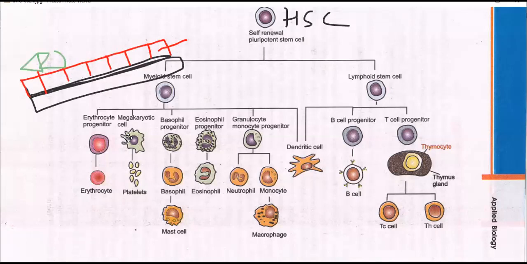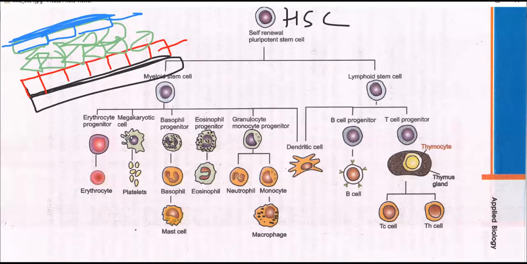The cells are polyhedral. When they go up, they become squamous and die off when they go out. So that is stratified squamous: our skin, our hair, our nails. All these belong to the stratified squamous keratinized epithelium.